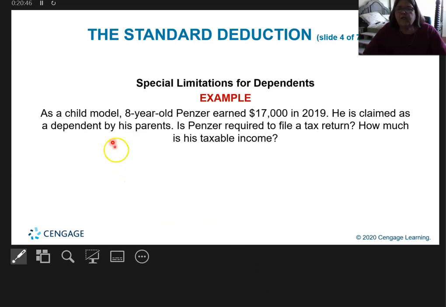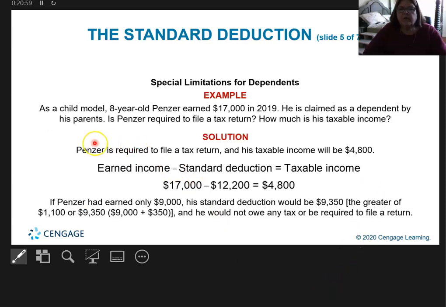So let's take a look. A child, 8-year-old Pencer, earns $17,219. He is claimed as a dependent by his parents. Is he required to file a tax return, and how much of his income is taxable? Okay, he is required, and his taxable income is going to be $4,800, because I'm going to take his earned income minus his standard deduction, which equals $4,800.